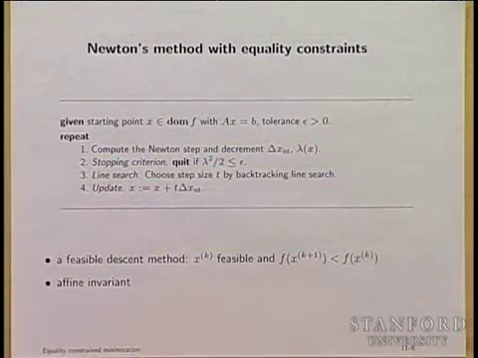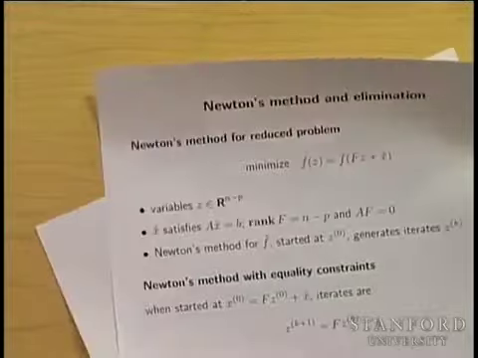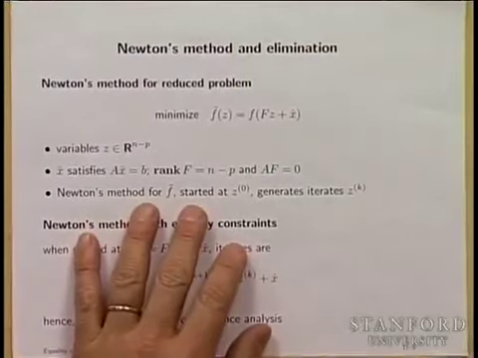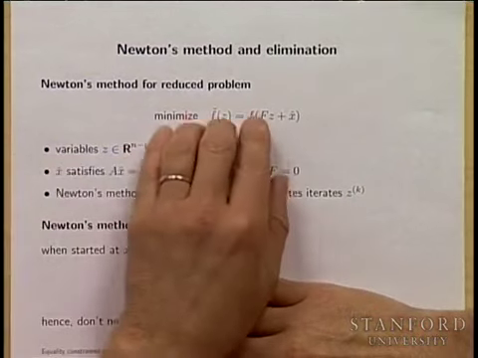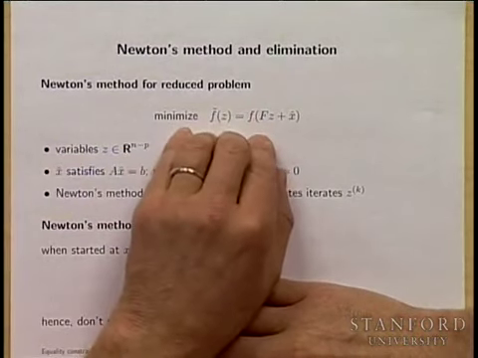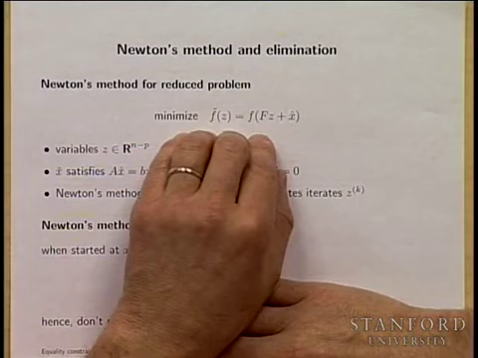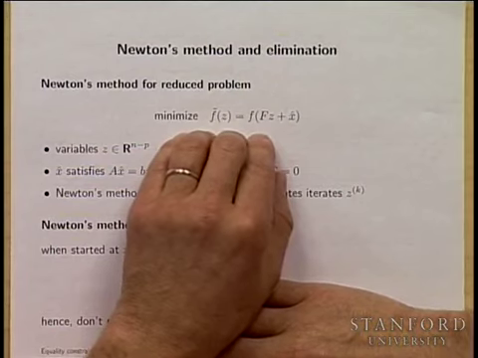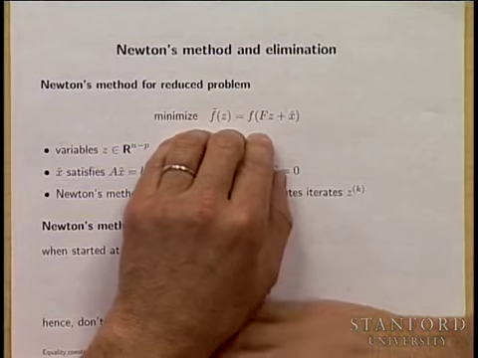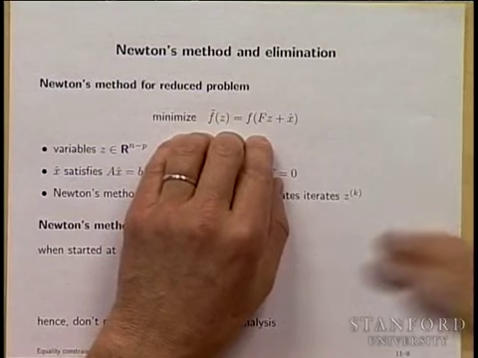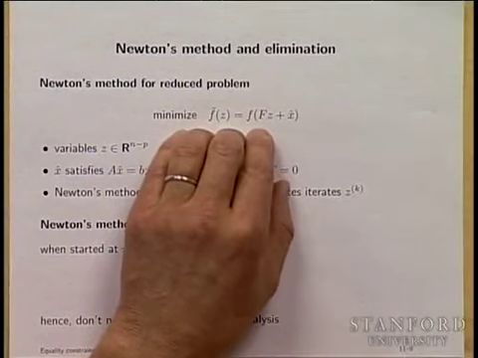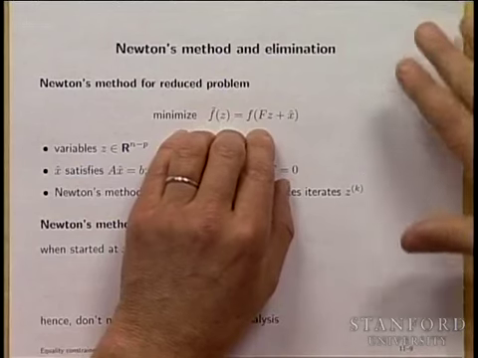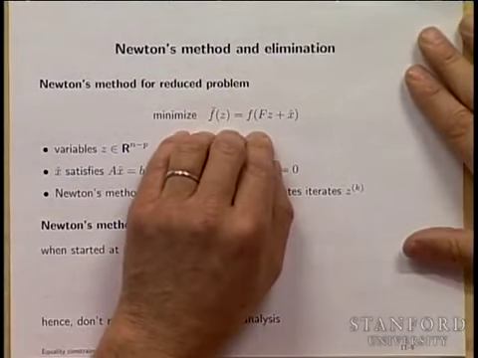Okay, so it turns out we don't need to do any theory for this, because Newton's method this way is identical to Newton's method with elimination. You get exactly the same iterates. Therefore, everything we know, self-concordance, classical analysis, practical performance, it's all the same.